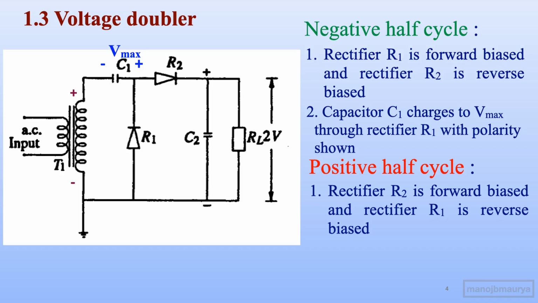We can see the polarity of the transformer secondary, and capacitor C1 is already holding a charge. During the positive half cycle, as the voltage rises, R2 will get forward biased, R1 will get reverse biased. Now pay attention to the flow of current from the transformer through C1, R2, load and back.